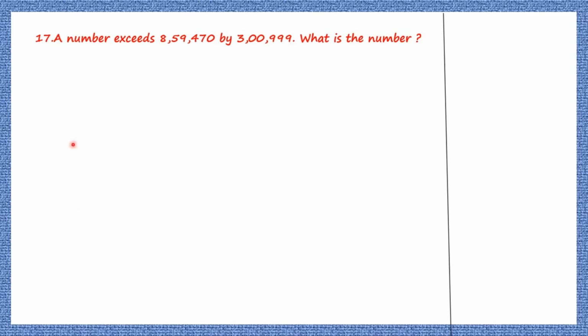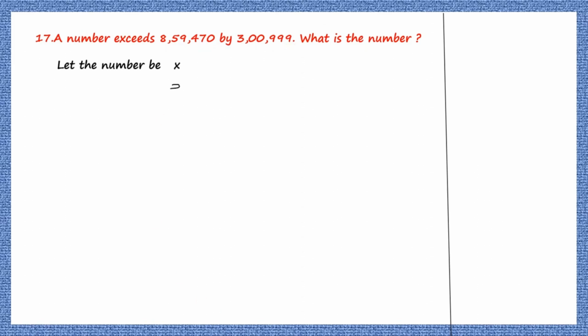Question 17. A number exceeds 8,59,470 by 3,999. What is this number? So we're going to find out the number that is more than this number by 3,999. So let the number be x.